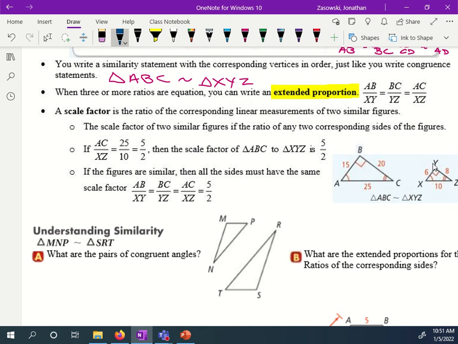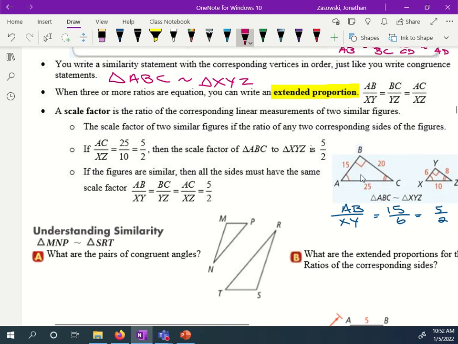And if I pick two other sides to compare, Shaja, give me another side in the bigger triangle. AB. So AB over, and Duncan, AB goes with XY in this triangle. So 15 over 6. Guess what that's equal to? What goes into both 15 and 6 evenly? A 3. This is also 5 over 2, just like this one was.